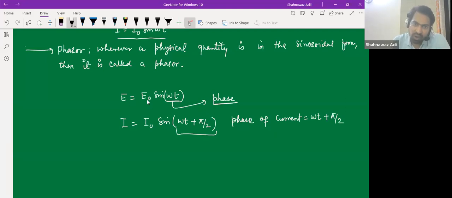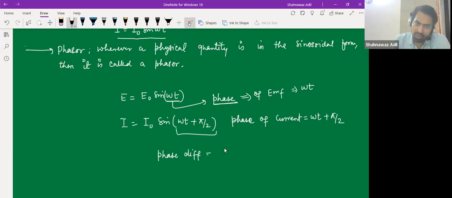And the phase of this EMF is how much? This is omega t. So if we calculate the difference between the phases, the phase difference, right?